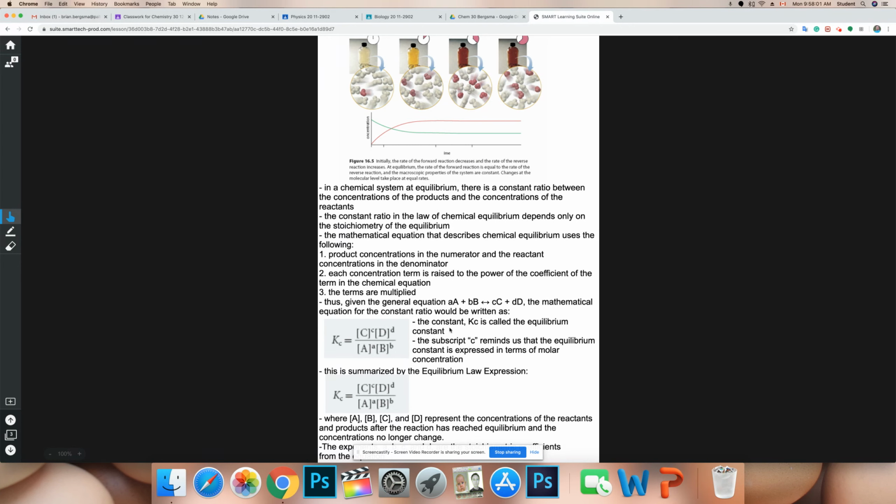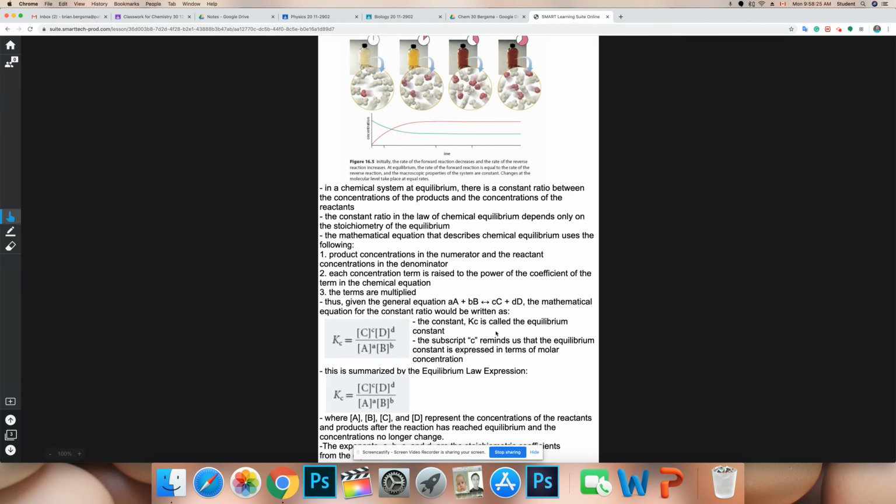So the equilibrium constant, or Kc as we know it, is equal to the concentration of our products: the concentration of C raised to the power of its coefficient times D raised to the power of its coefficient, divided by A to the power of its coefficient times B to the power of its coefficient.